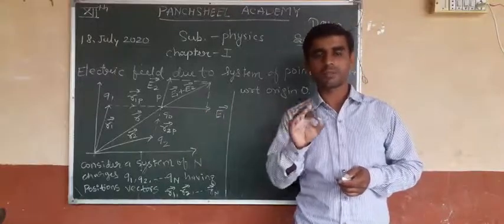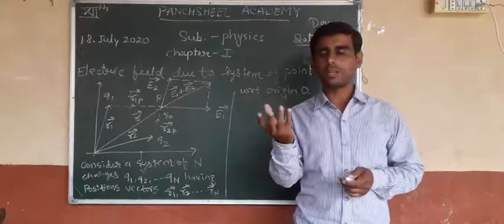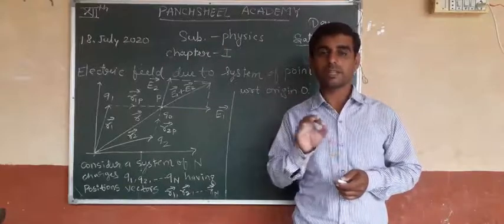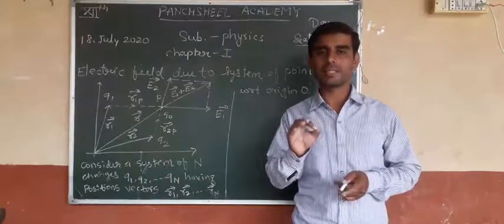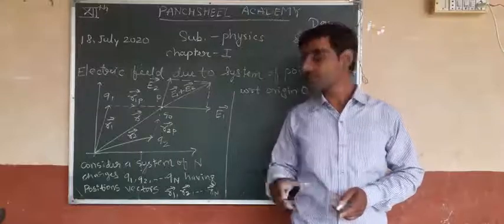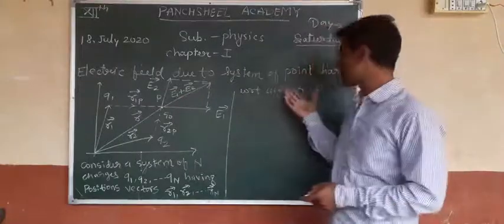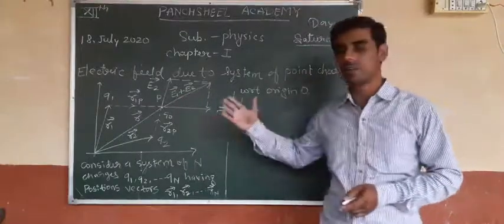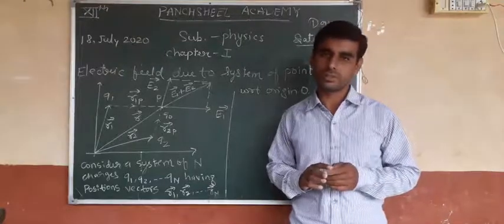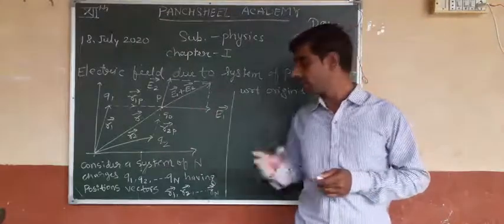That means the resultant force due to a system of charges is the total sum of all the individual forces, or we can say that the principle of superposition is applied. Like this, the electric field due to a system of point charges also follows the principle of superposition. So how can we apply this rule in this topic?